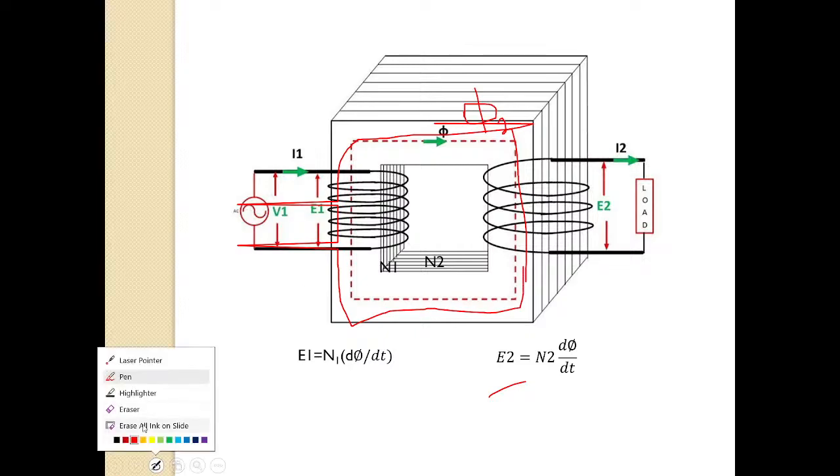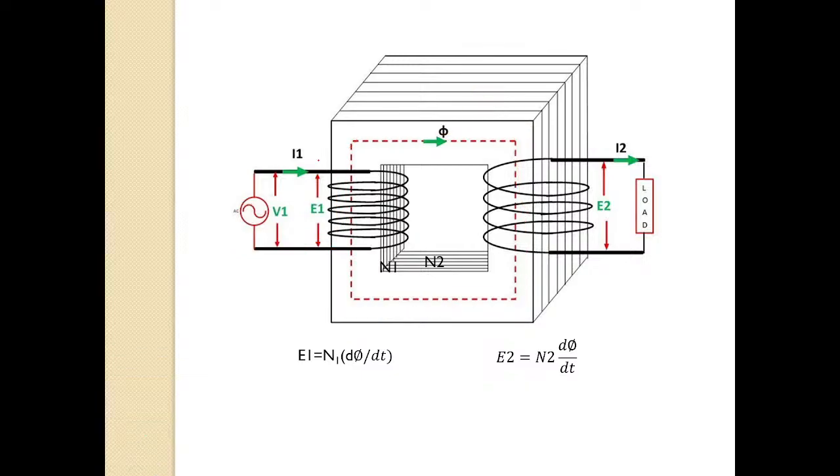To understand it more clearly, let us assume that due to current I1, the flux flowing in the core is phi 1. Now, due to current I2 also flux is induced, and the direction of that flux will be exactly opposite to phi 1. Let us assume that flux is phi 2.